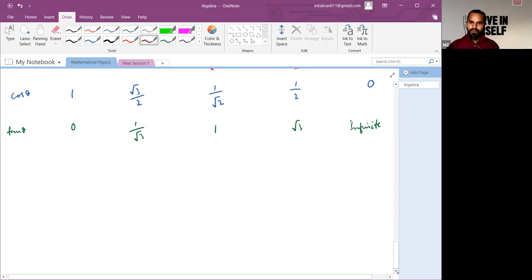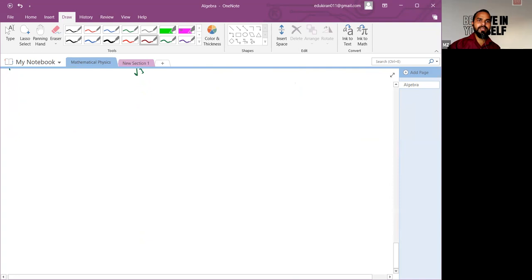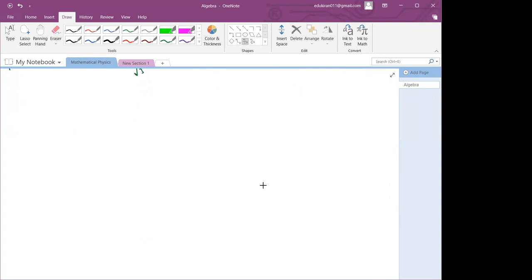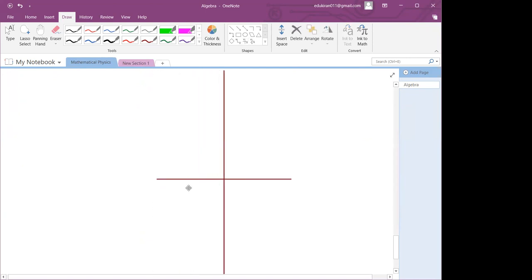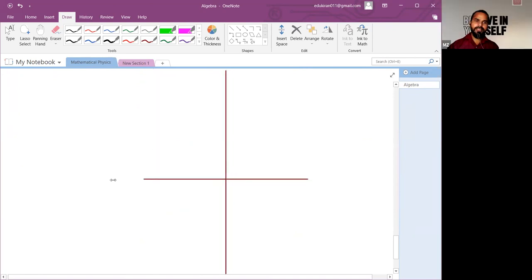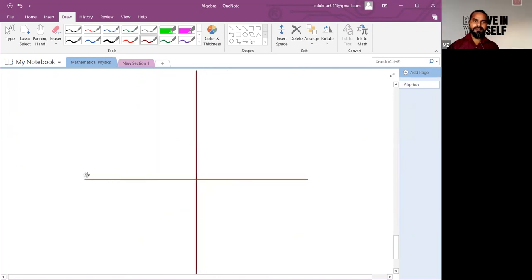Now to define the rest of the whole part, let's say you have the x-axis and y-axis like this. This is your first quadrant, this is your second quadrant, this is your third, and this is the fourth.